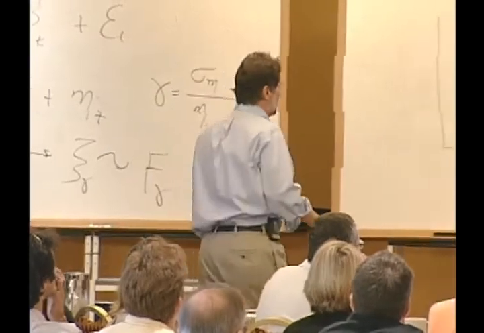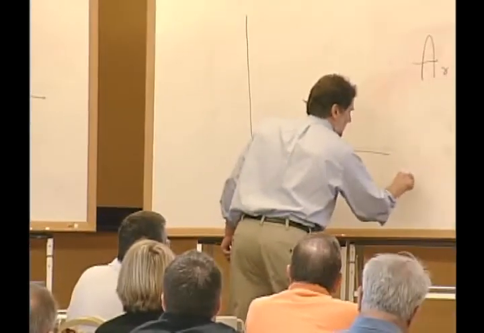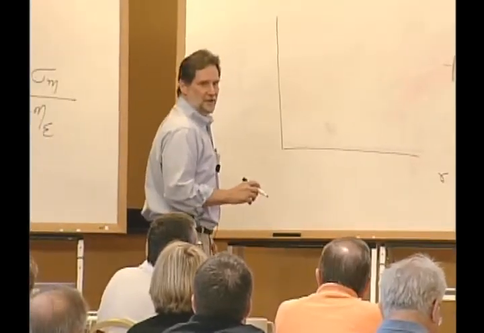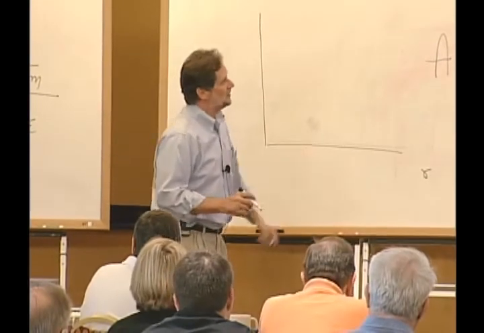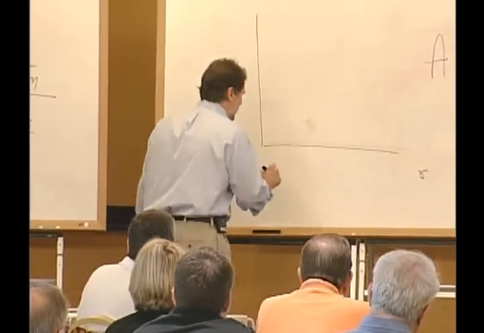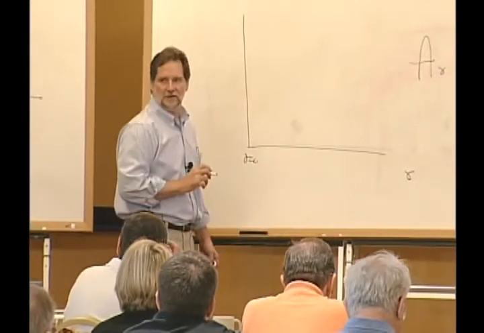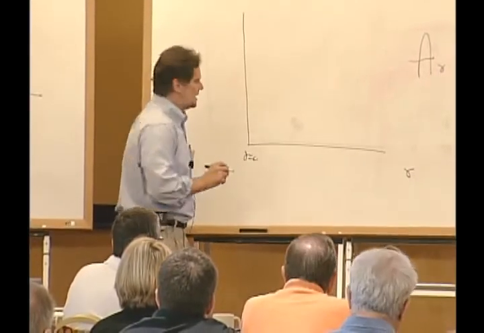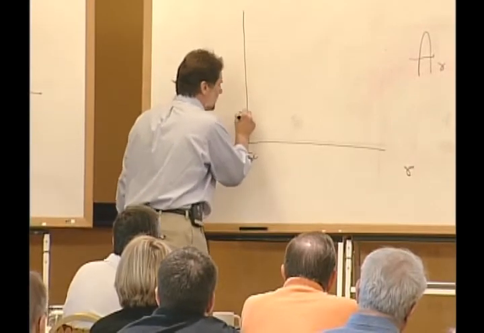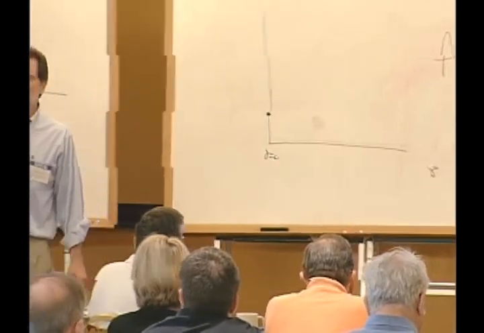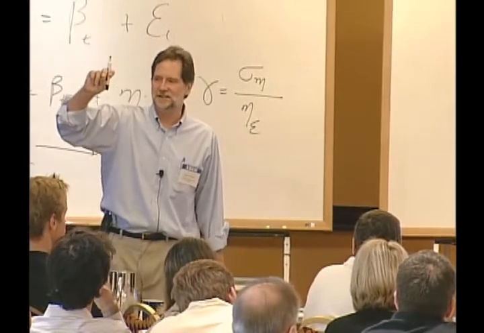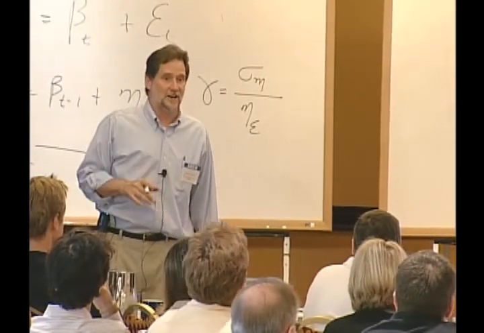Let me put gamma down here, and let me draw this. Here is gamma equal to 0. Here's the median if gamma is equal to 0. That's the median of the probability distribution of the test statistic under the null that we worked out yesterday.